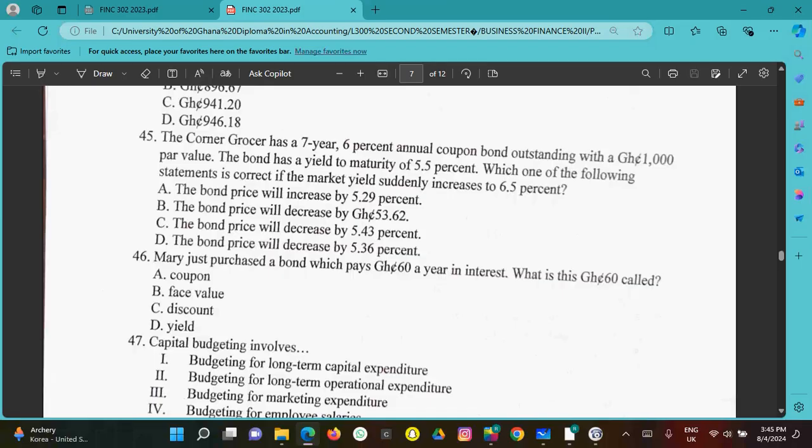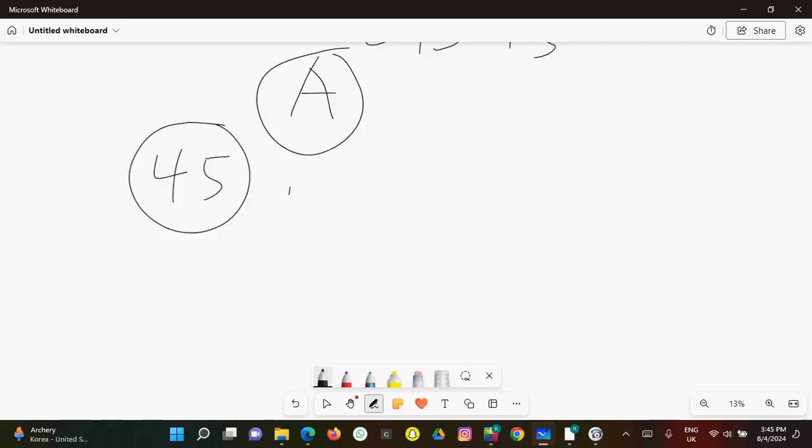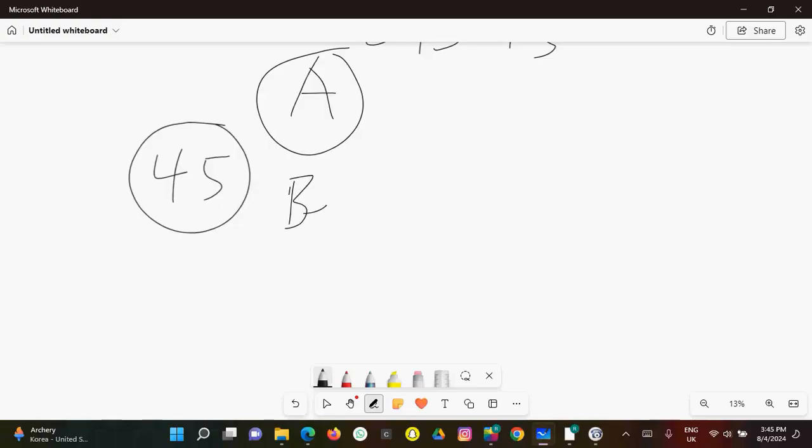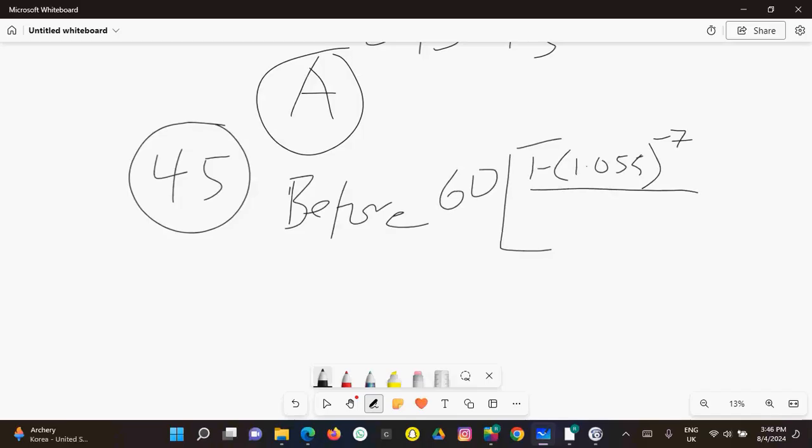seven years, 6%, 5.5. So 60 before. Before, 6% is going to give us 60. 1 minus into brackets 1.055 raised to the power negative 7, all over 0.055, plus the face value of 1,000 all over 1.055 raised to the power 7.